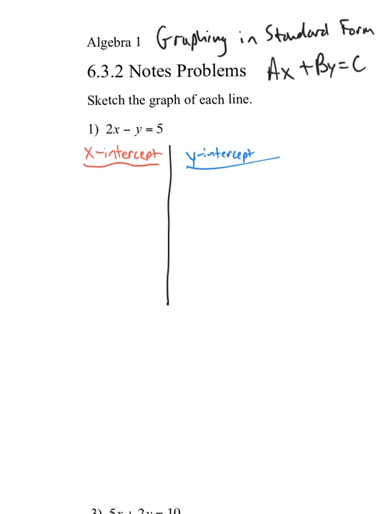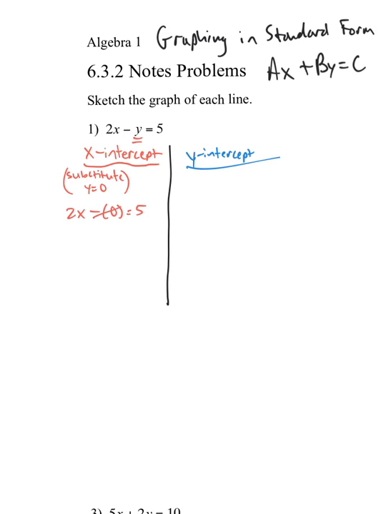Okay, so doing that, finding the x-intercept, what you're going to do is substitute 0 for y. So in this equation here, you're going to substitute 0 where you see y. So that's 2x minus, anytime we substitute, guys, parentheses, 0 equals 5.